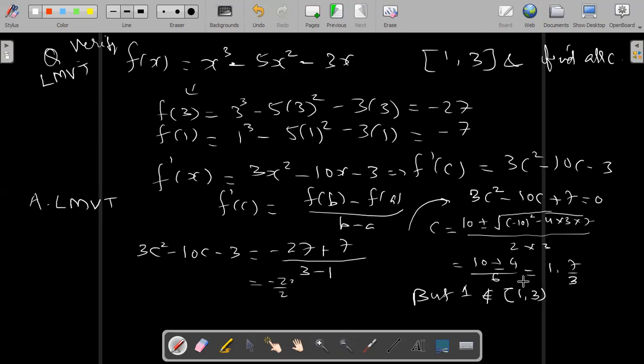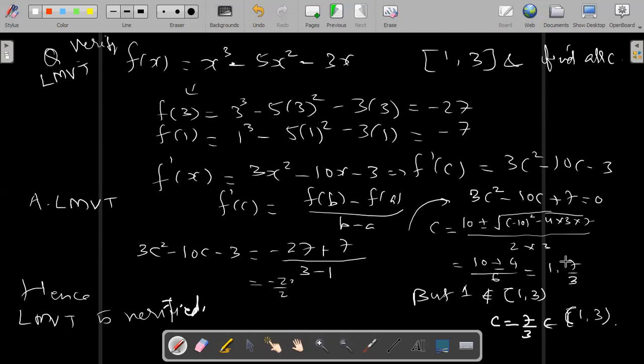So it is not belonging to the open interval, so we will not take this one, but c equal to 7 upon 3 will belong to the open interval 1 and 3. Hence LMVT is verified, and we got the value of c also. We always get this value whether asked or not.